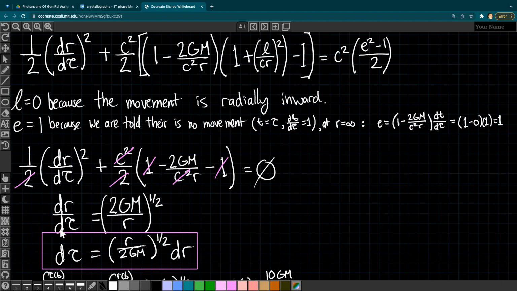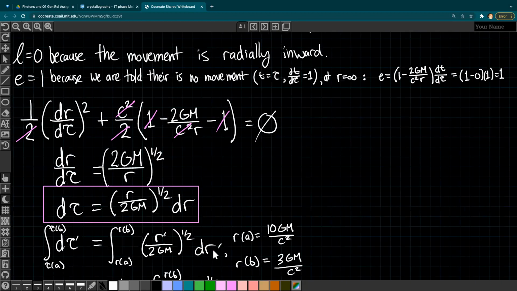Here we're just multiplying both sides by d tau, and then dividing both sides by dr. So we're dividing by this 2GM over r. I could have said 2GM over r to the negative half, but instead I'm just saying r over 2GM to the positive half. I've circled this in purple because that's going to be useful for the next part of the question.